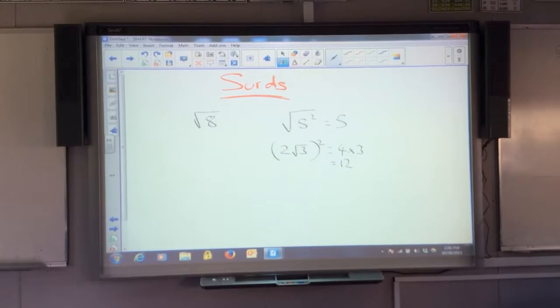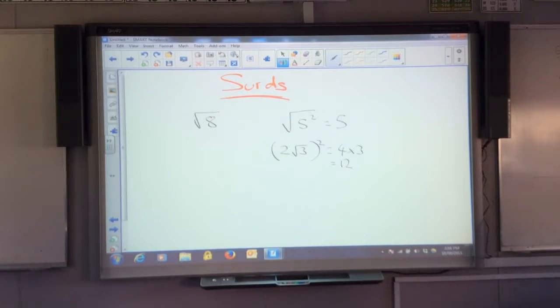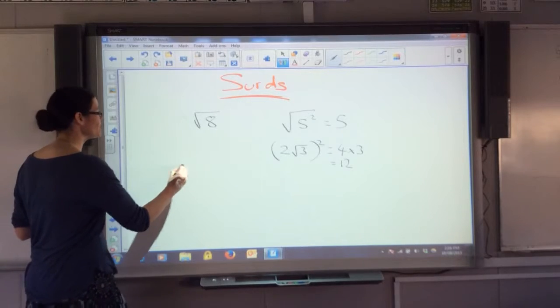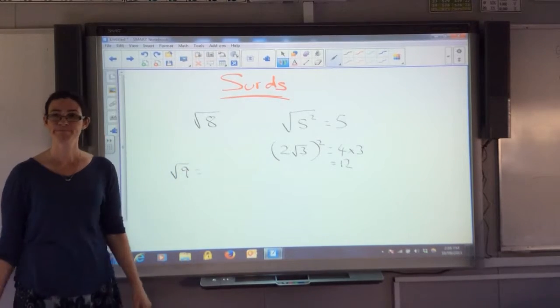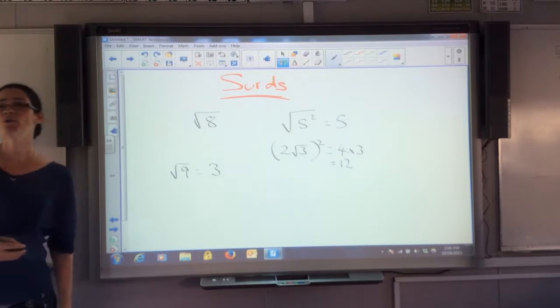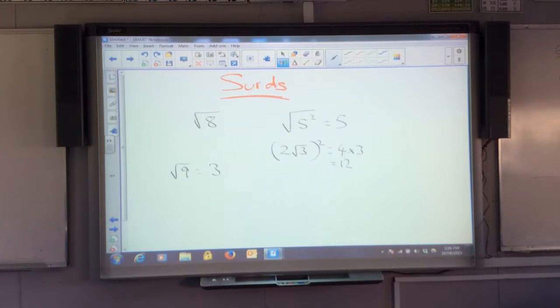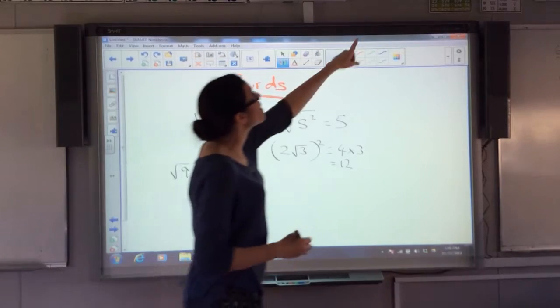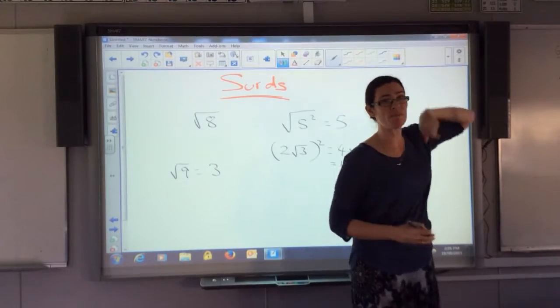What we're going to look at today is simplifying surds. Some surds are very easily simplified. For example, what's this one? 3. So, if it is one of our square numbers, remember we practiced looking at all these common square numbers.